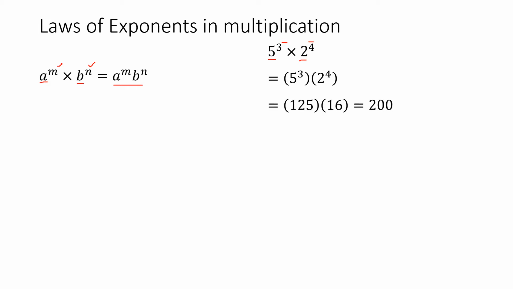Then we calculate. 5 power 3 means 5 times 5 times 5, so we write this 3 times and multiply them. 3 times, then we get 125, and now 2, 4 times.